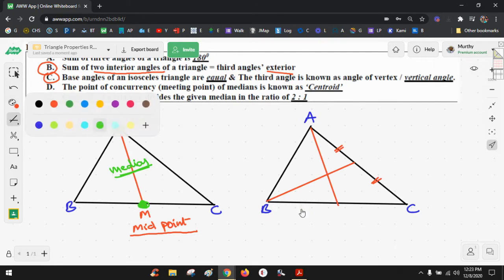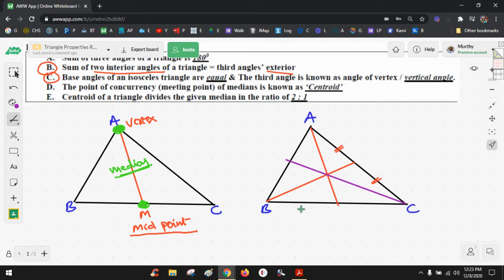Okay, and I'm drawing a third median. This time I'm drawing from point C. Notice that these three medians are meeting at one point, but I don't want to use the term meeting. I better say that this is the concurrent point.